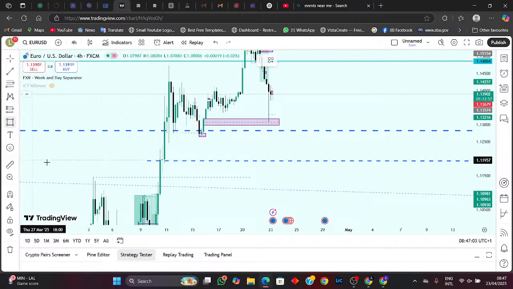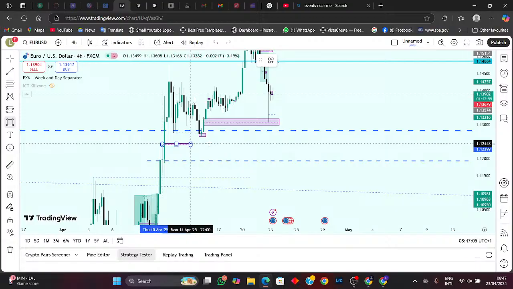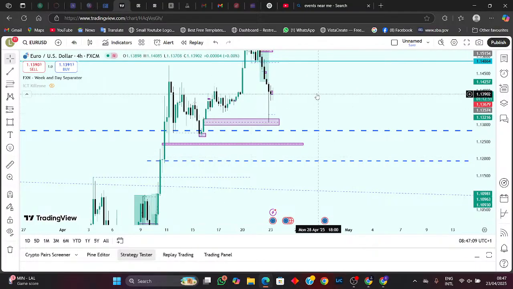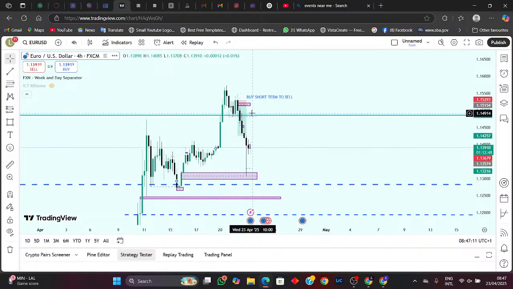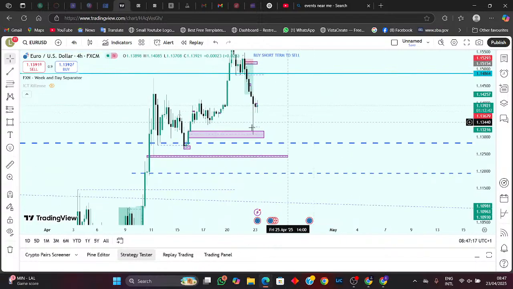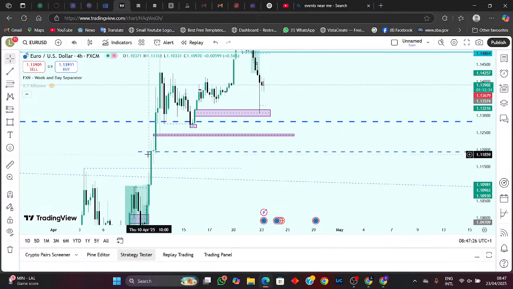If you look closely, you see that there is a hidden fair value gap. So the market wants to move into this mitigation block formed on the 4 hour time frame, and then sell to clear out the pool of liquidity into this fair value gap right below this liquidity pool.